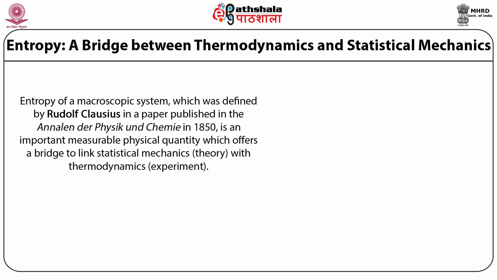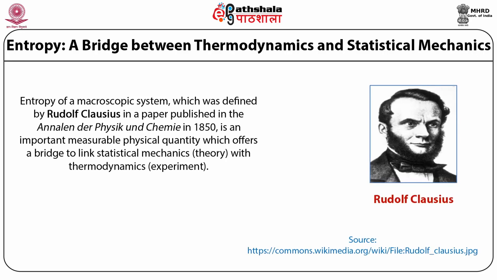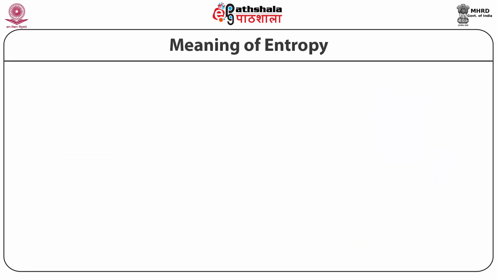Entropy of a macroscopic system, which was defined by Rudolf Clausius in a paper published in the Annalen der Physik und Chemie in 1850, is an important measurable physical quantity which offers a bridge to link statistical mechanics, that is theory, with thermodynamics, that is experiment. It will be interesting to understand the meaning of entropy.